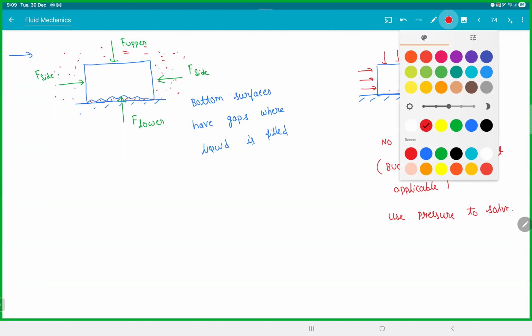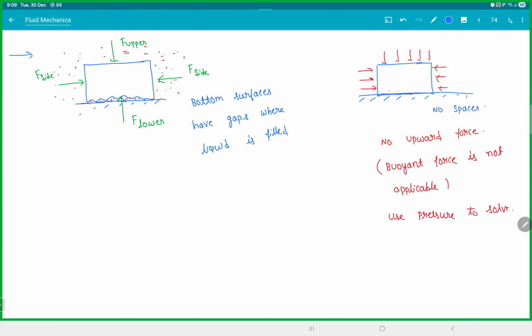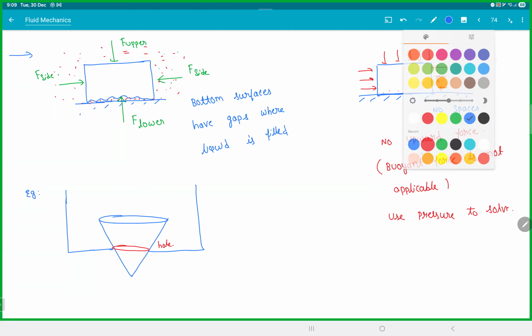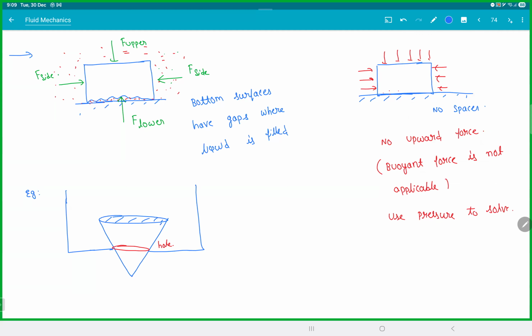If I give you one more example, let's say we have a container with a hole at the bottom, and you close that hole with a solid cylinder like this. So the solid cone blocks the hole.